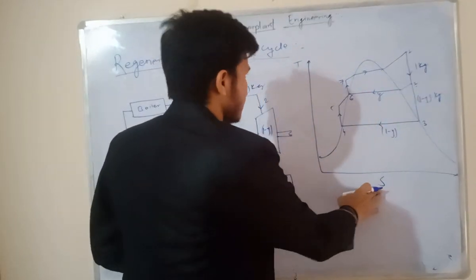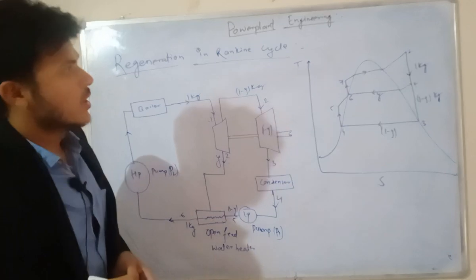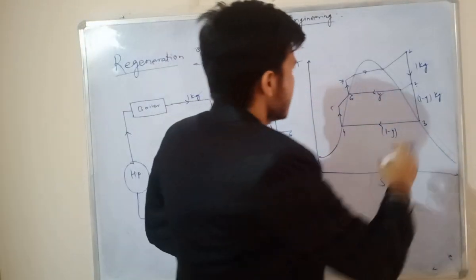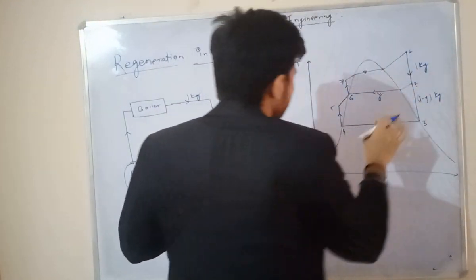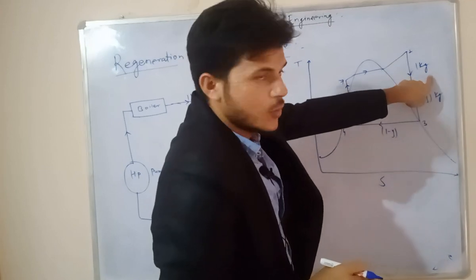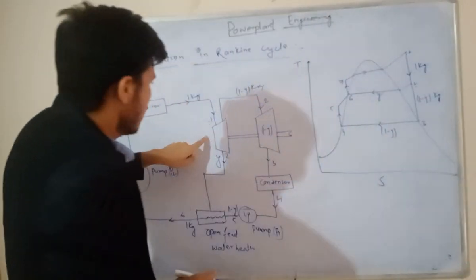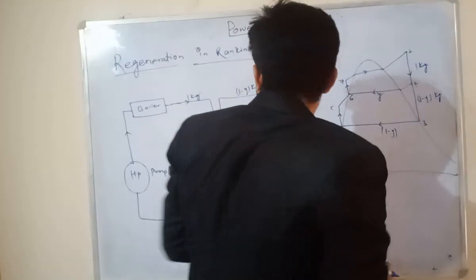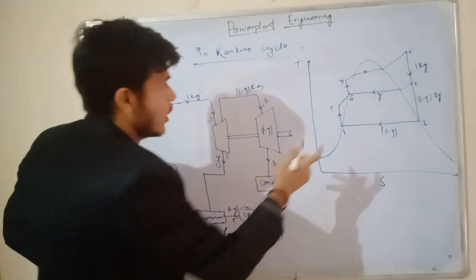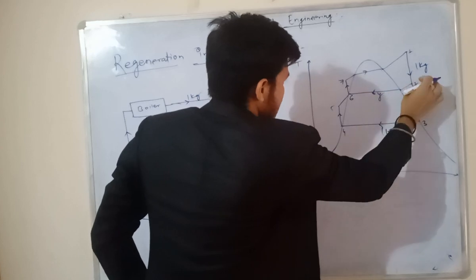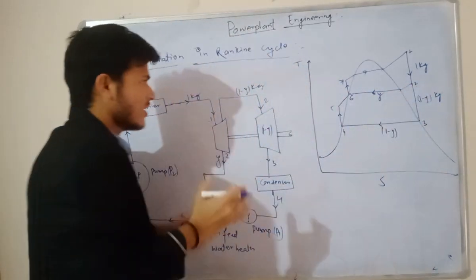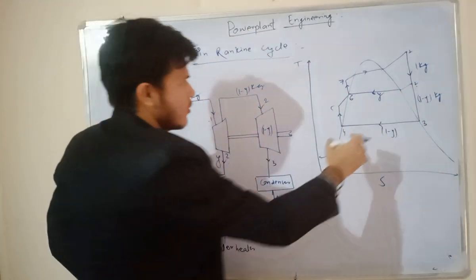The entropy is constant, which means the expansion is a reversible adiabatic process. From 1 to 2, reversible expansion takes place in the turbine for 1 kg of steam. At this point, from state 2, we are extracting the y fraction of steam.